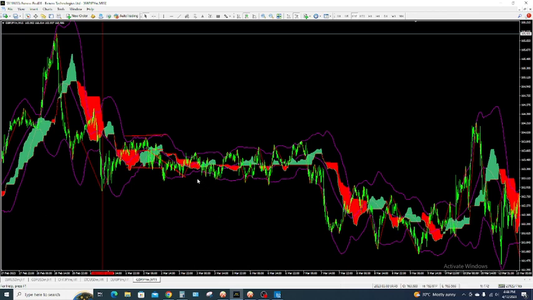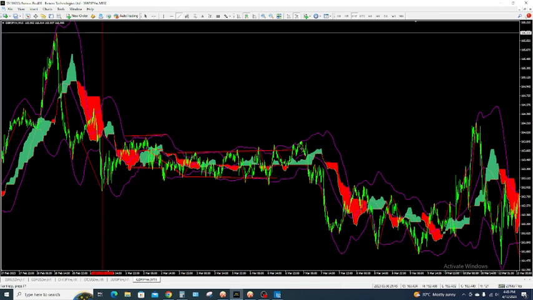Then on the second, the market did not really give me what I want, because you could see the market is having what we call ranging. Ranging is a straight parallel up and down, where the market is forming a straight line.